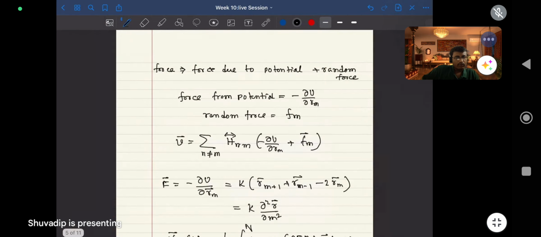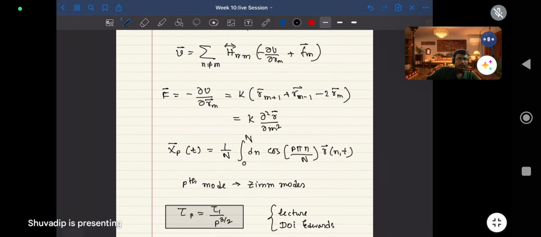We have got two ideas: that the relaxation of the pth Zimm mode is no longer proportional to 1 by p squared, but it is proportional to 1 by p to the power 3 half.